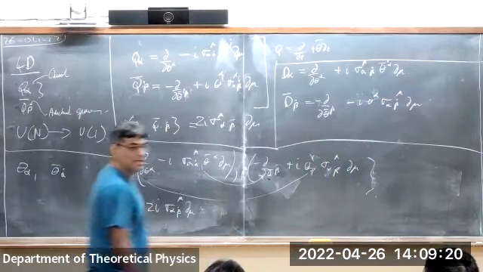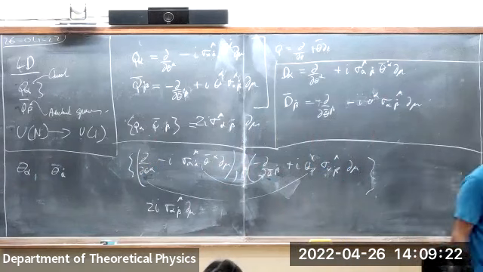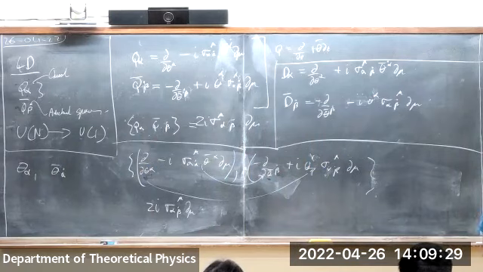Now, if you remember, when we were studying quantum mechanics, the point of the definition of the D operator was that it commuted with both supersymmetries.